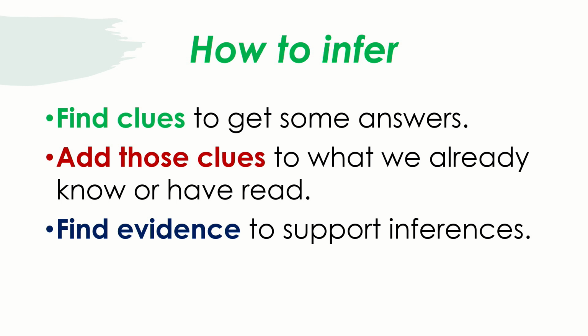Then you're going to add those clues to what you already know or you have read, your prior knowledge in this case. And once you conclude or make your inference, I want you to always go back and find evidence to support what you said from before.